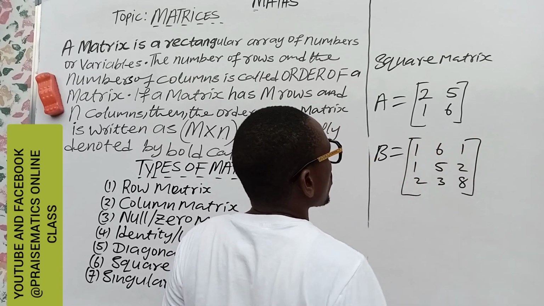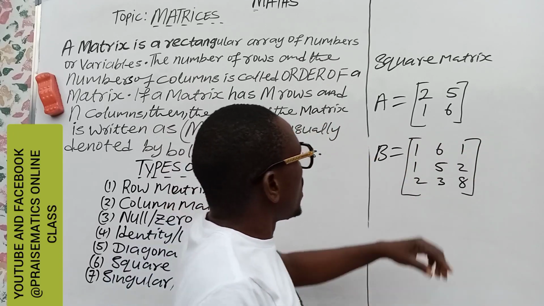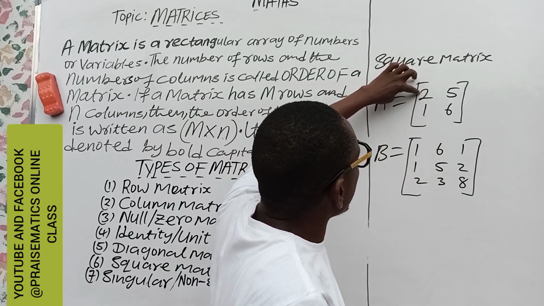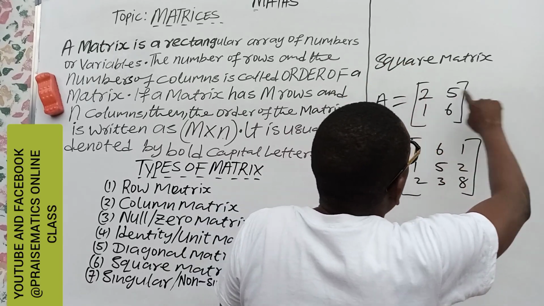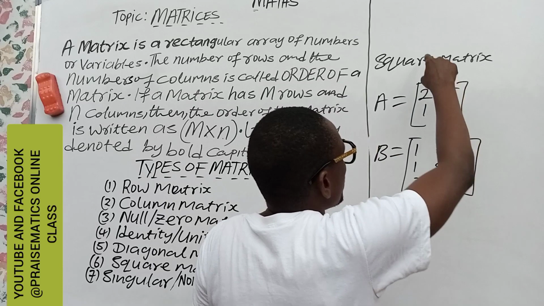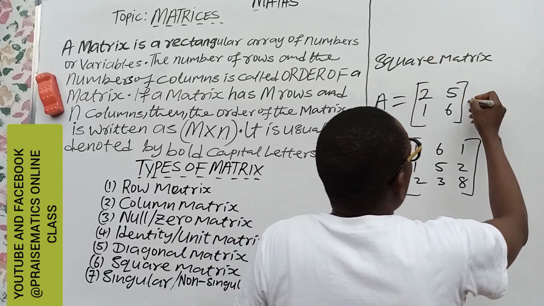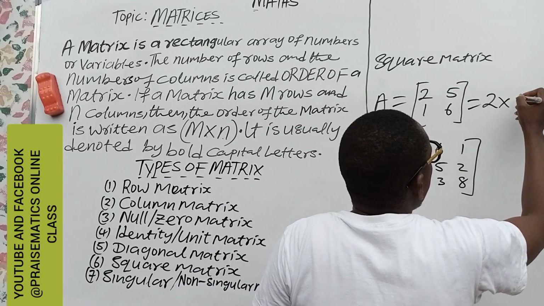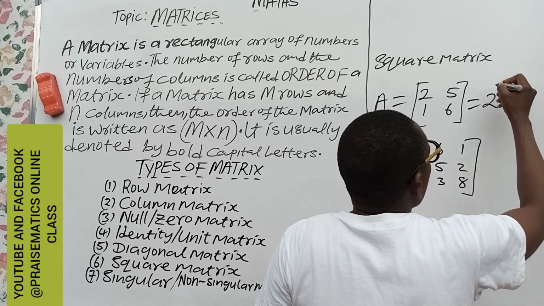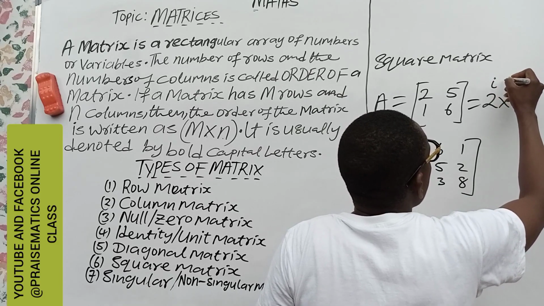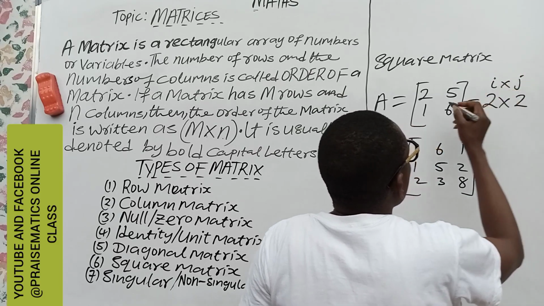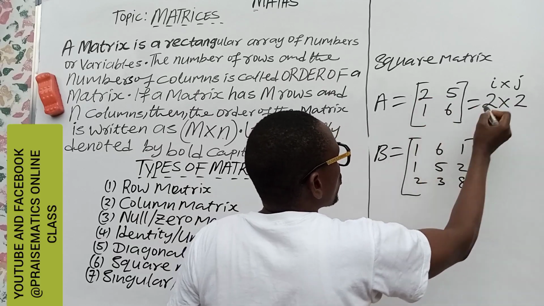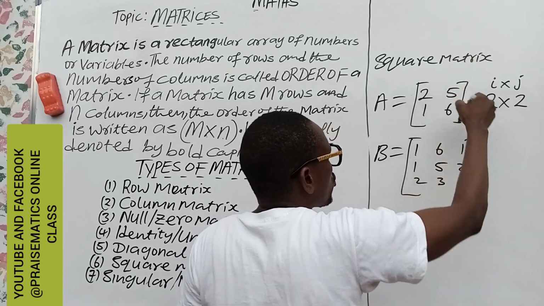This is what we call a square matrix. It's a situation whereby the number of the rows is 1, 2, and columns 1, 2. We call them 2 by 2. In other words, i by j. So the number of the rows 1, 2, that is 2. 1, 2, that is 3.